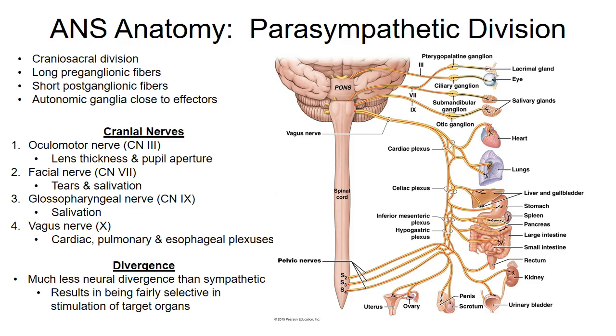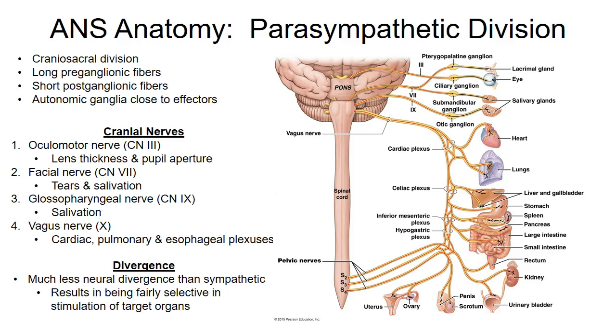It turns out that where we have the efferent nerves coming out of the CNS for the parasympathetic division, they are going to be up here and down here. So we say these cranial nerves and these sacral nerves.